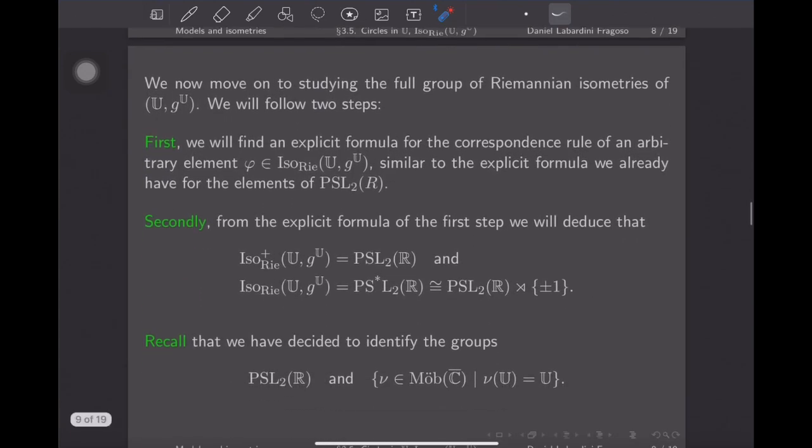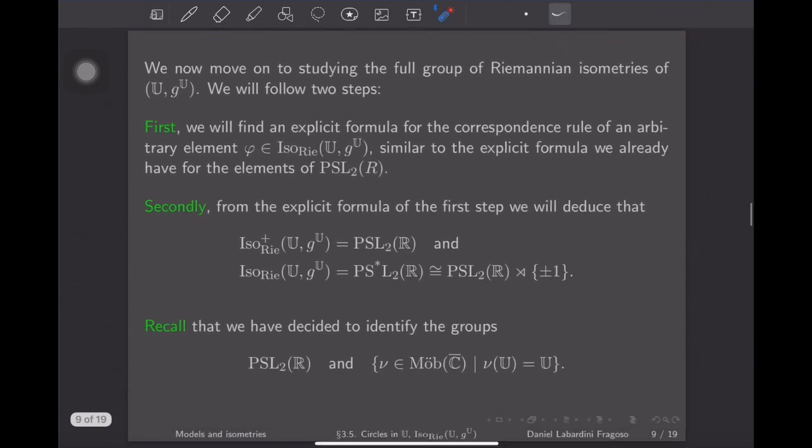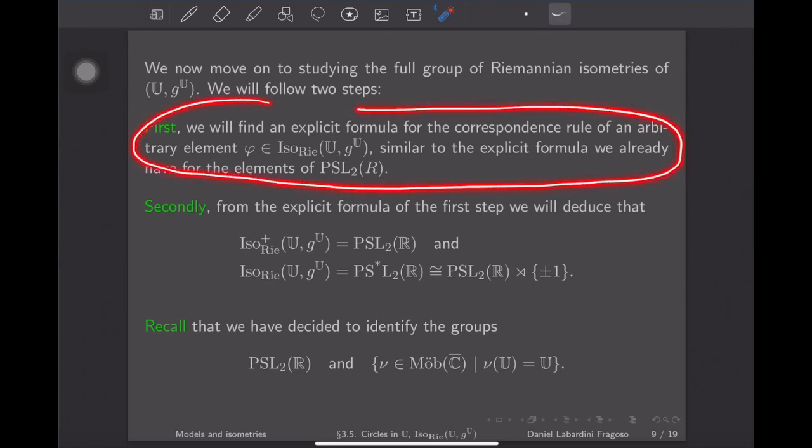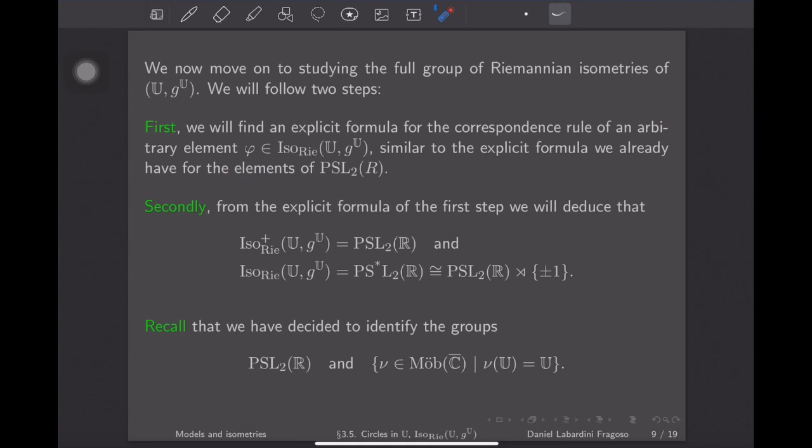The basic idea is the following. First, we're going to be able to express any arbitrary Riemannian isometry of the upper half plane through an explicit formula.